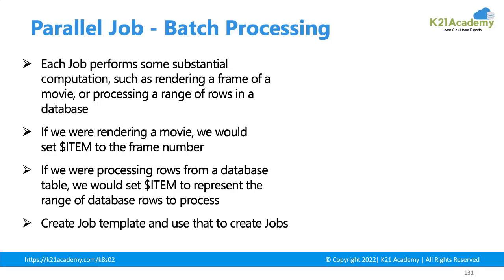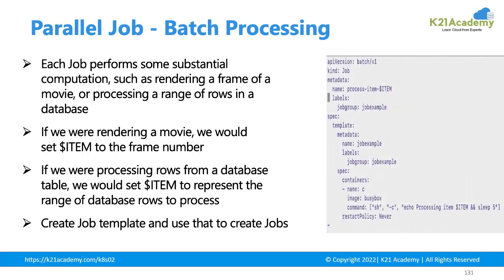The $item is like a variable which we want to process. That's the actual thing which has to be processed using the jobs. So we would create a job template, and that job template can create jobs in parallel as a batch, and each of the jobs will then supervise a pod which will actually do the task.